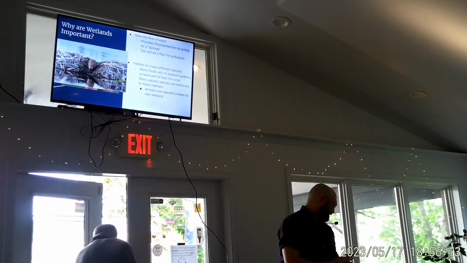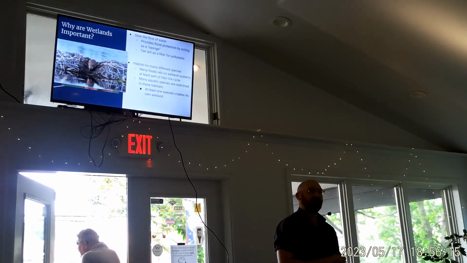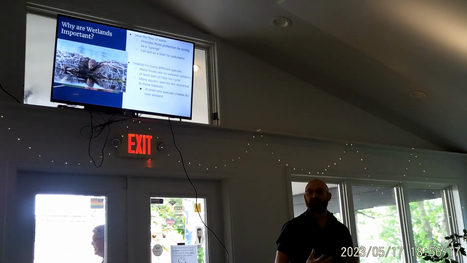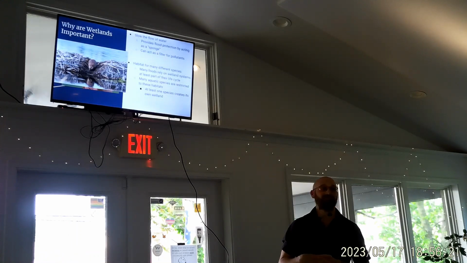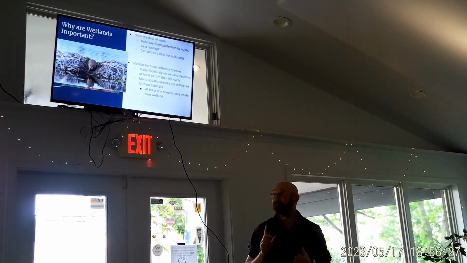So a lot of the species that do use these habitats, as I said, need all this water, so they're very restricted to these habitats, but there is one species that kind of makes their own wetland, and that is the beaver.